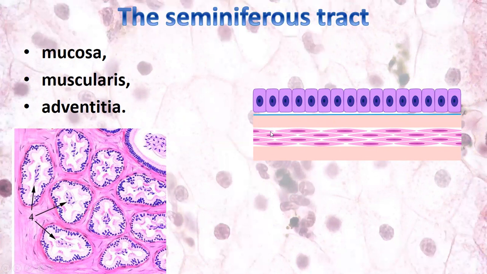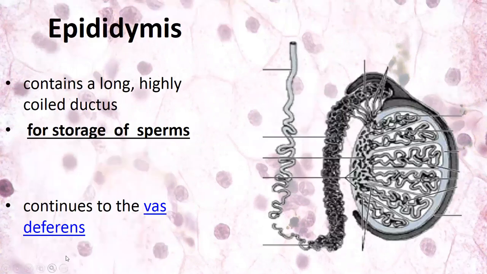Muscularis, layer of smooth myocytes, and the outermost layer is adventitia, also loose fibrous connective tissue, which usually is continued into the surrounding tissues. And here we can see epithelium of mucosa, muscularis, layer of pink structures, and the outermost layer more light. It's adventitia.